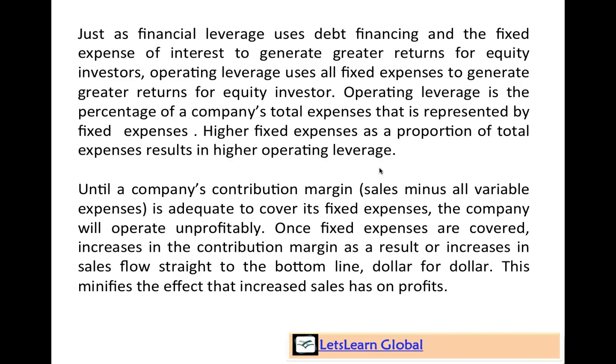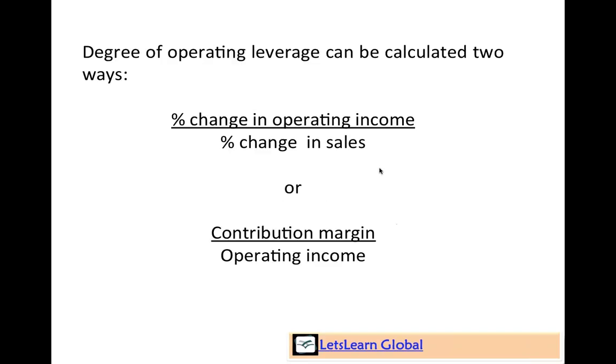Now let's see how operating leverage is to be calculated. Again, we should use the formulae depending upon the information given. If a 1 year income statement is given, you should find contribution margin divided by EBIT, using this formula. Contribution margin means sales minus variable cost.